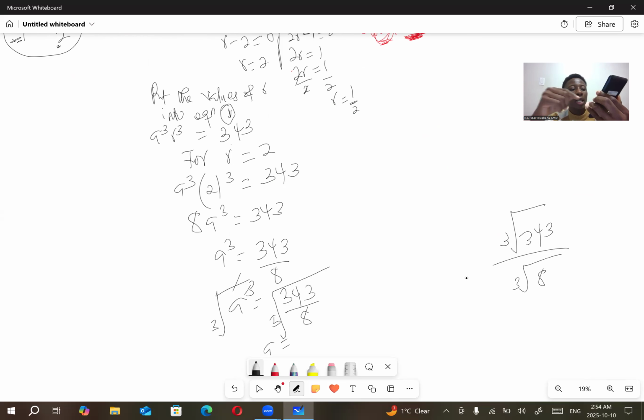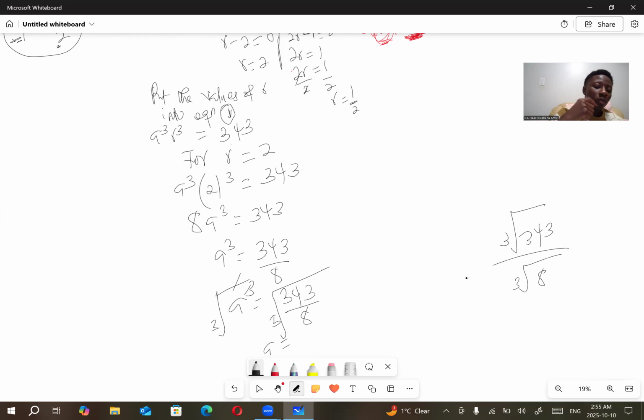To get cube root on a calculator, there is a square root sign here. On top, you see cube root. So you press shift, then you press that key. If you do it properly, it will bring the cube root feature. Then you put in 343.